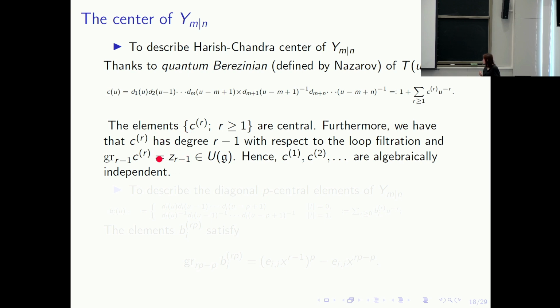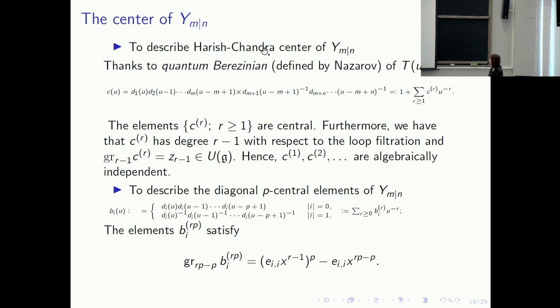As we know, z_{r-1} belongs to the center of the universal enveloping algebra of the current Lie superalgebra g. So we prove the subalgebra generated by these elements is the Harish-Chandra center of Y_{M|N}.